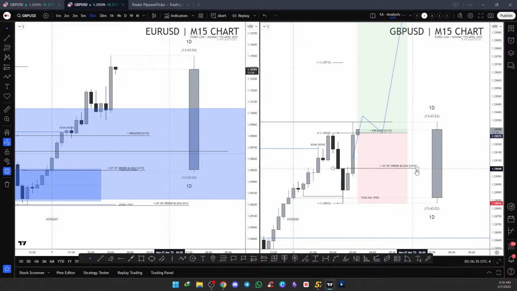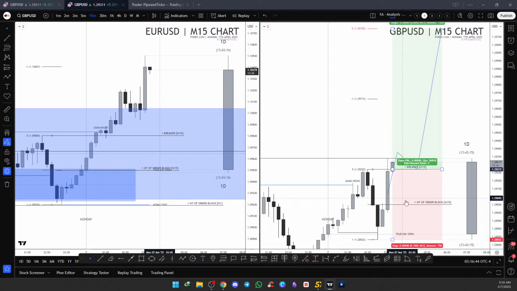So this is going to be my invalidation level. If I see a candle close below this level, I'll be closing my long positions. As long as price does not close below this level, I'll be holding my longs.